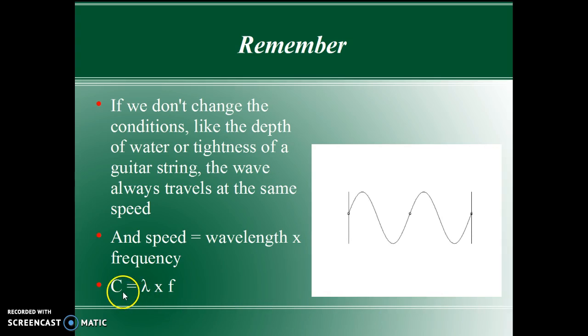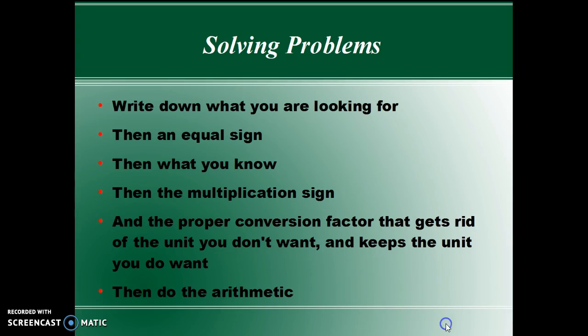And that is symbolized c equals lambda, length, times f, frequency. Sometimes you see a little Greek character nu that looks more like a v for the frequency, but I prefer to use f.